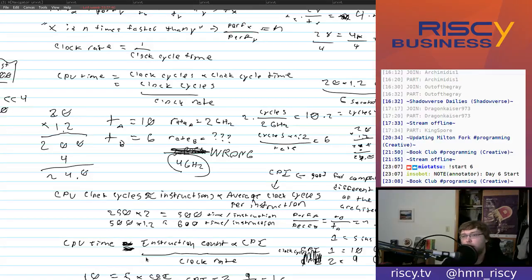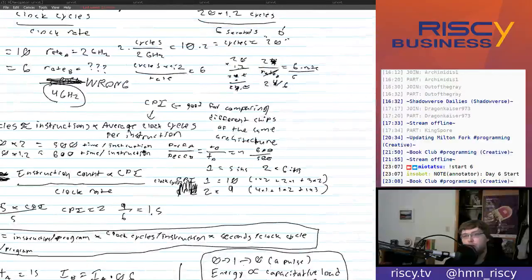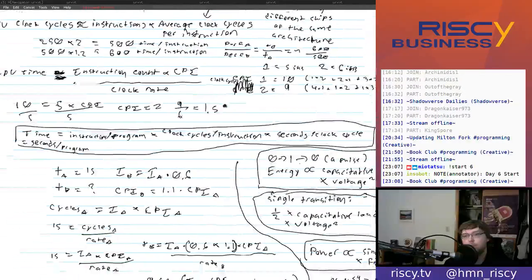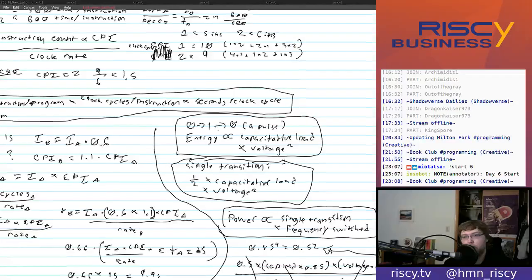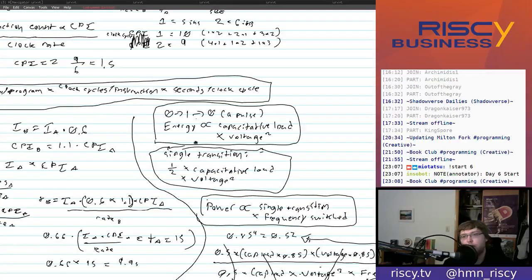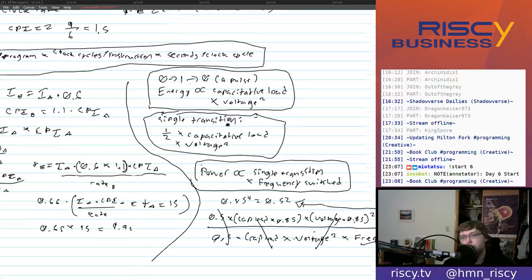So where's our performance equation here for power? Okay, so we had energy is the capacitive load times the voltage squared. Our energy is proportional to, that's what that symbol means, if I remember correctly.